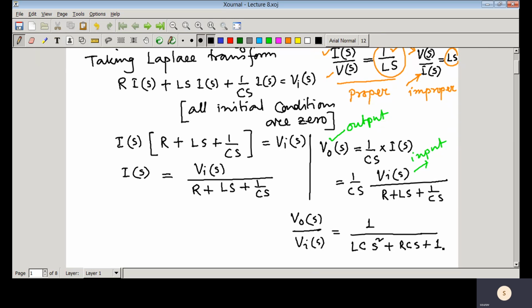This is the transfer function from input to output, and we get it by applying the Laplace transform and considering all initial conditions equal to 0. I hope now it is clear to all of you how to find the transfer function for any physical systems, linear time invariant dynamical systems. Of course, the transfer function modeling technique is only applicable to linear time invariant systems, as we have already discussed in detail.